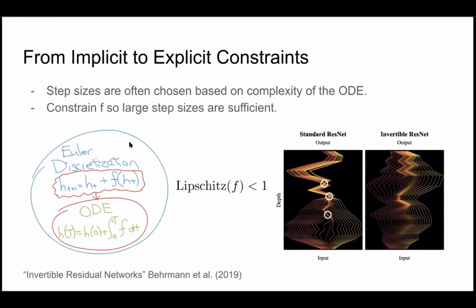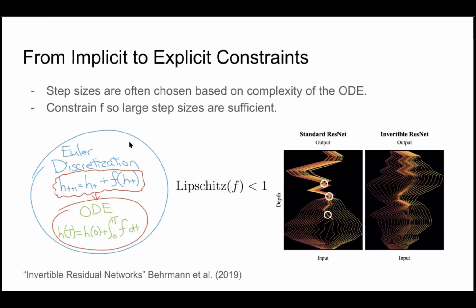We can show that if we use the Euler discretization, the step size and the Lipschitz constant of f need to be in an inverse relationship. So without loss of generality here, we're always going to choose a step size of 1. This means f simply needs to always be Lipschitz less than 1.